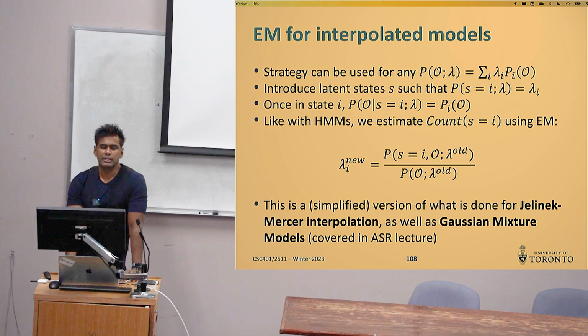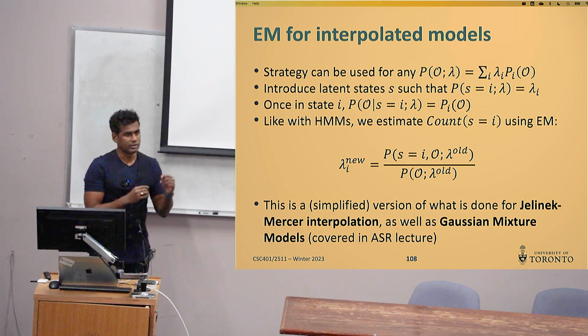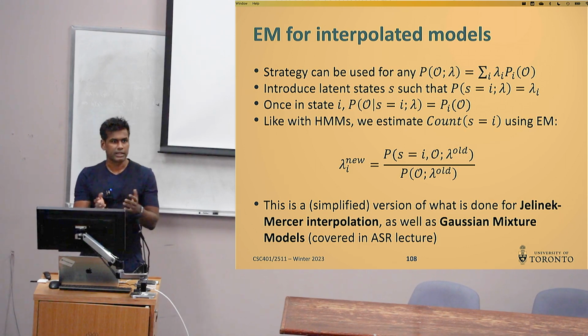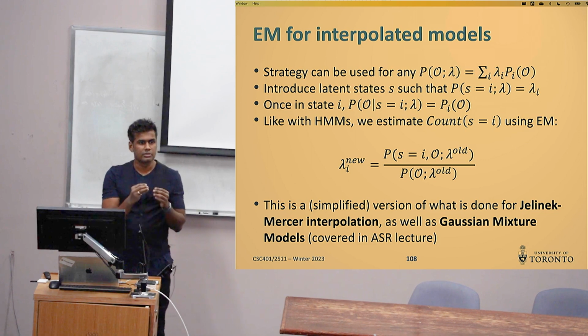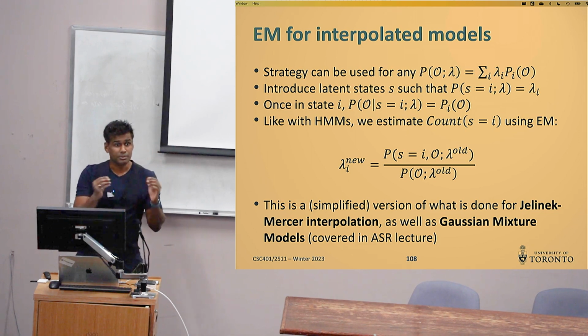Did we cover Jelinek-Mercer interpolation in language modeling? I know there's language model interpolation earlier in the course, in the second or third lecture. So the idea is this: you have a unigram model, a bigram model, and a trigram model. We know the trigram model is better than the bigram model in terms of perplexity, and the bigram model is better than the unigram model.